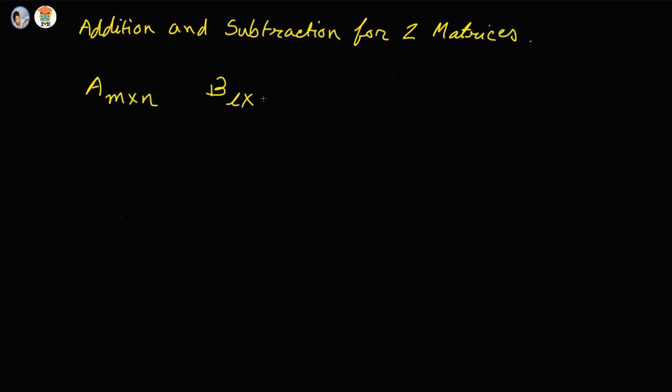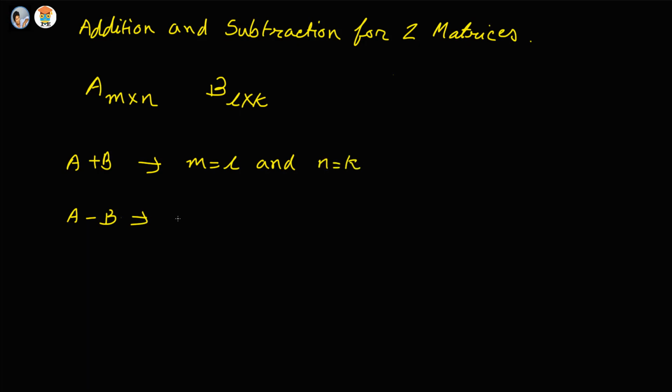of L by k. Now to add A and B or to subtract B from A, we must have m equal to L and n equal to k.